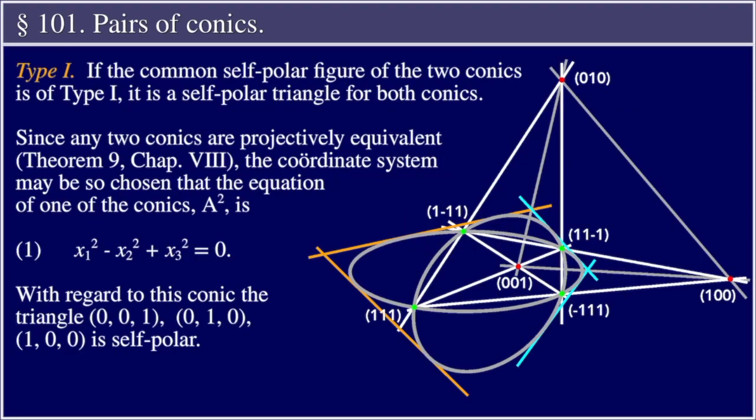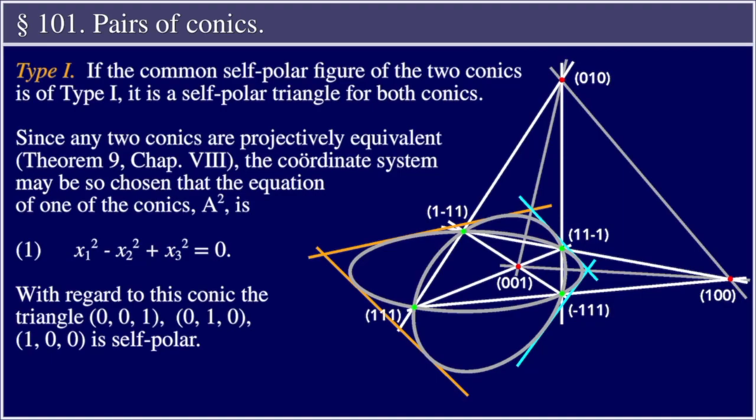Type 1. If the common self-polar figure of the two conics is of type 1, it is a self-polar triangle for both conics. Since any two conics are projectively equivalent, Theorem 9, Chapter 8, the coordinate system may be so chosen that the equation of one of the conics, a squared, is equation 1: x1 squared minus x2 squared plus x3 squared equals 0.